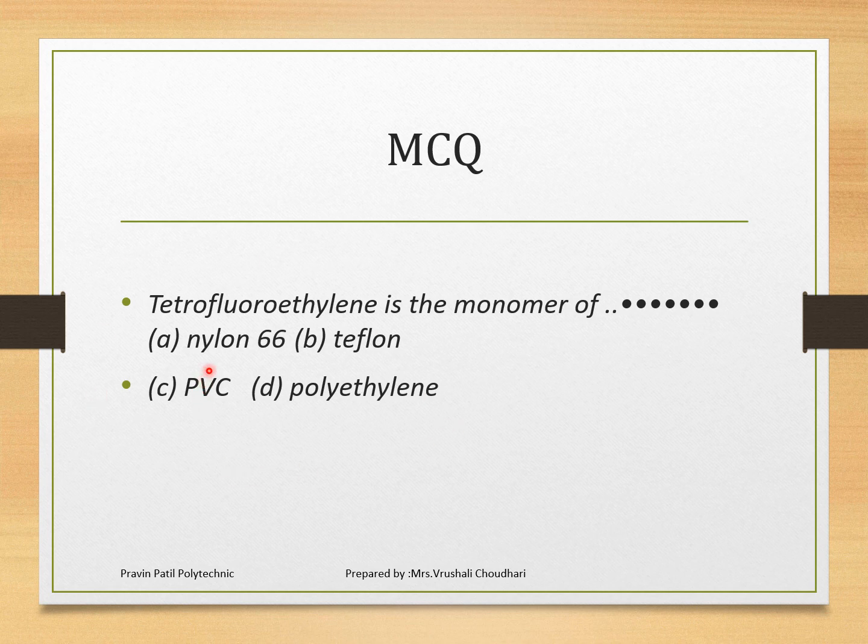Nylon 66 is an example of condensation polymerization, and here only one monomer is given, so condensation does not take place. Teflon, what is the full form of Teflon? Polytetrafluoroethylene. So it is made up of tetrafluoroethylene. The answer is: the polymer is Teflon, the monomer is tetrafluoroethylene.